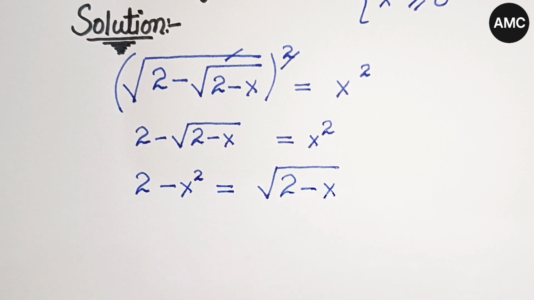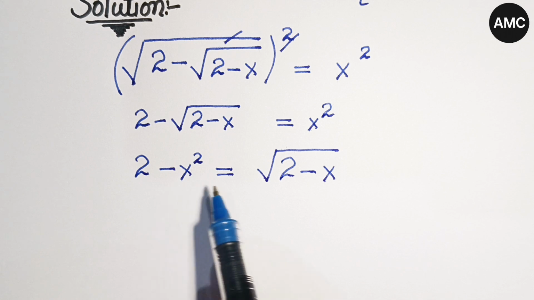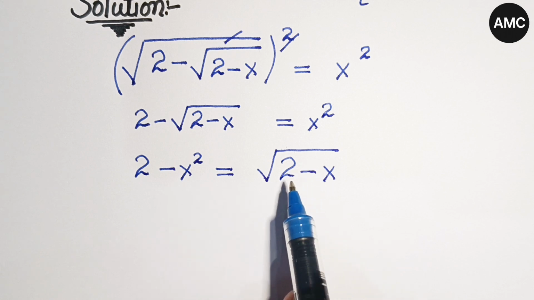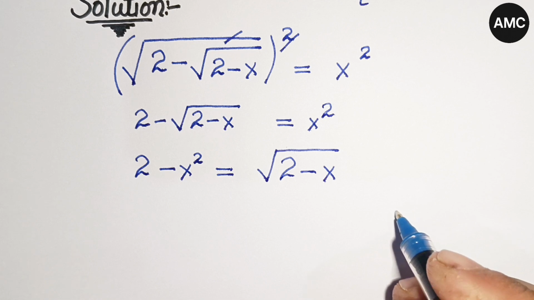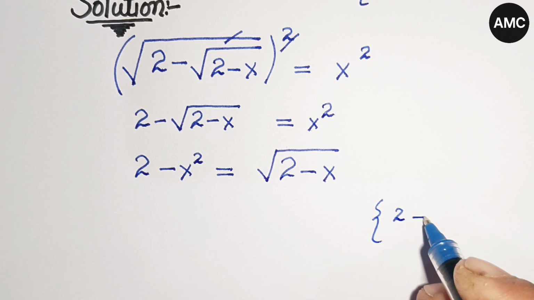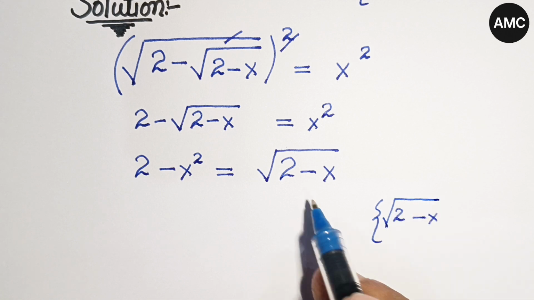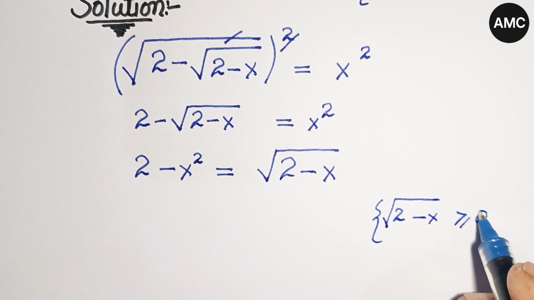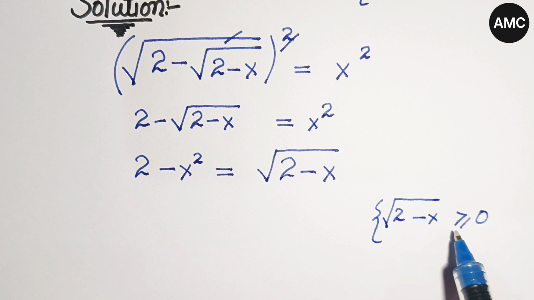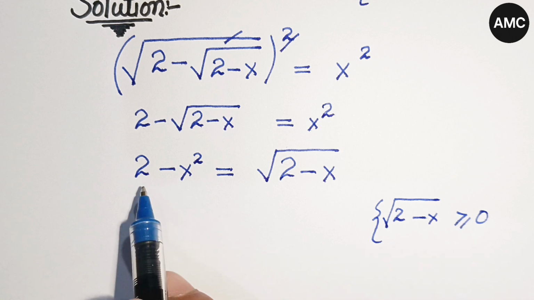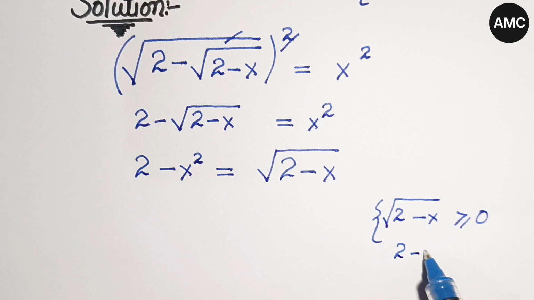Here 2 minus x squared is equal to the square root of 2 minus x. The square root of 2 minus x is greater than or equal to 0, so the left hand side of this equation, 2 minus x squared, is also greater than or equal to 0.